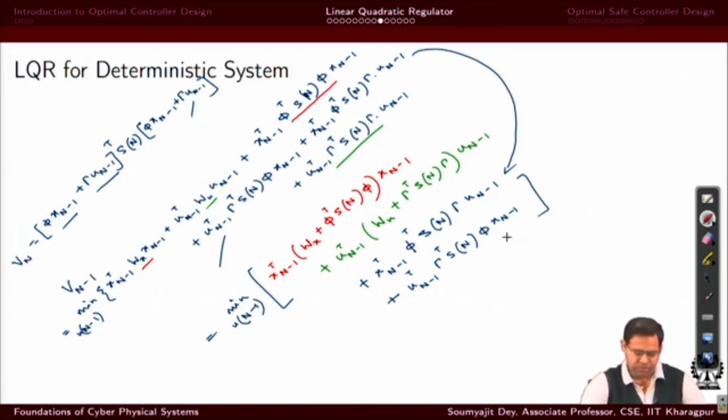Now, let us observe something interesting. We are trying to minimize over u. Now, if you see the first term, it cannot have any role over that minimization. This does not have any u at all. So, fine, let us consider the other 3 terms, and let us try to rewrite this minimization in a well known form.